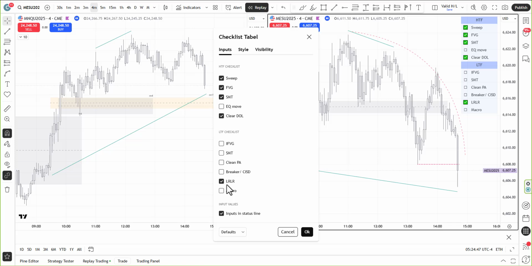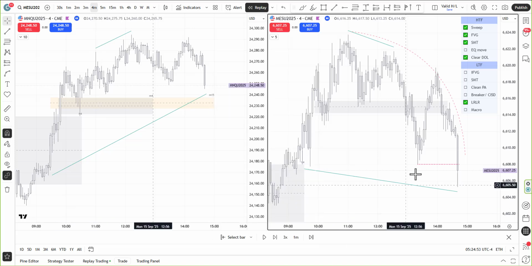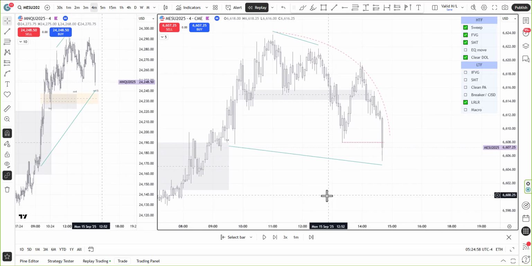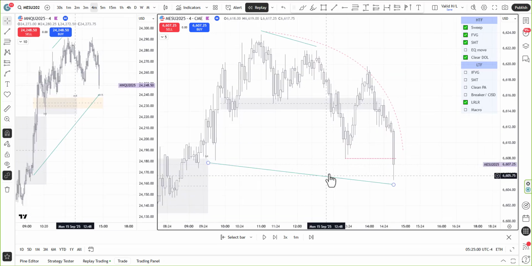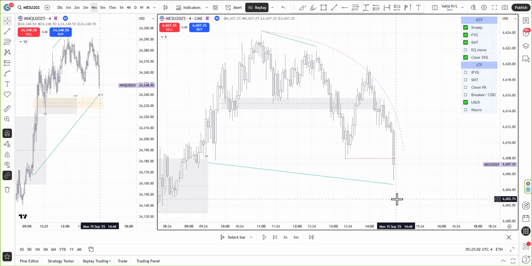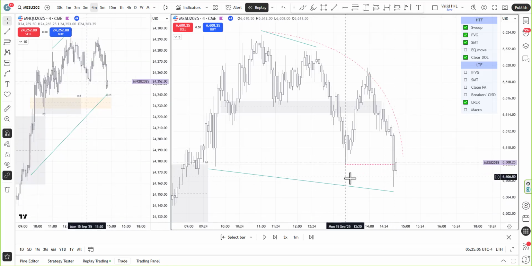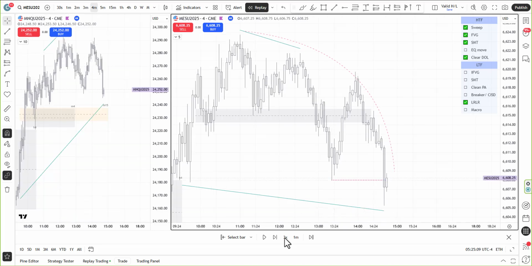What is it? I always forget the thing. You know it. Liquidity. No, whatever. Sometimes I remember and sometimes I don't. So we have the setup here, and now you want to see a proper displacement. And the first candle, because what you want to see is a proper IFVG formed.